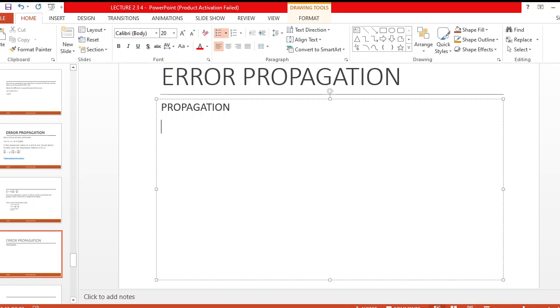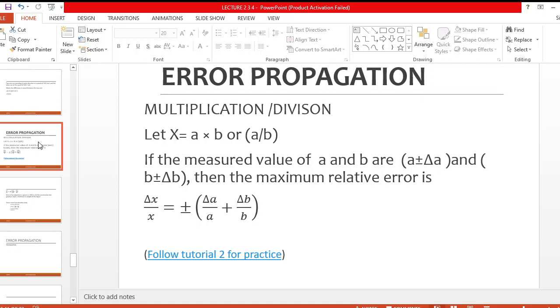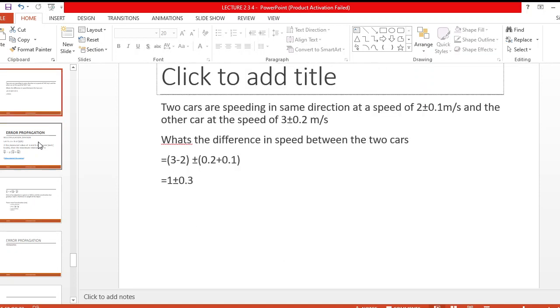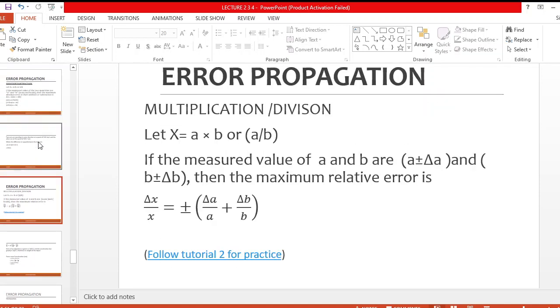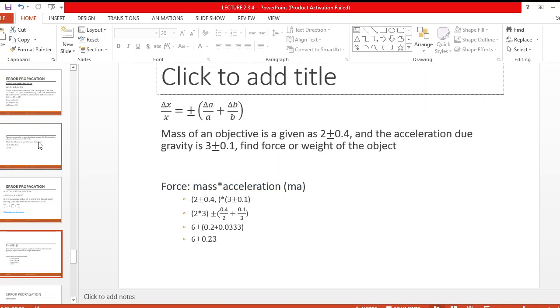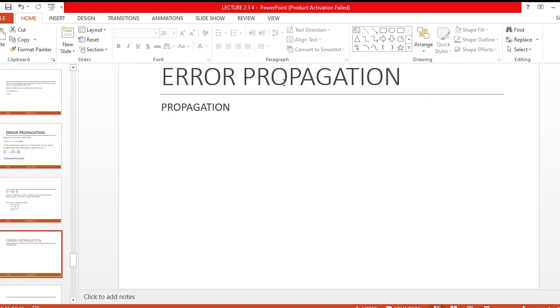So what do you do if a certain number is raised to a certain power? What happens when a number is raised to a certain power?